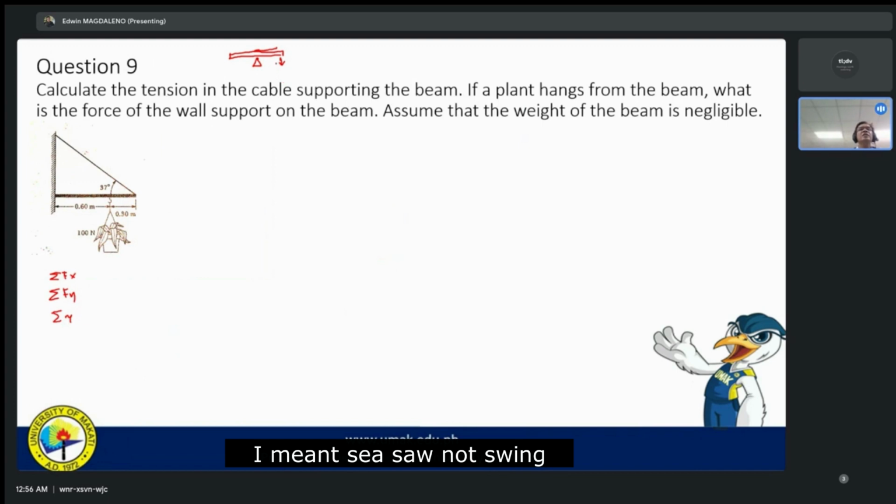Okay? Kahit pa meron kang equal force, meron kang equal amount of weight dito, pataas. Parehas silang weight, parehas na 40 kilogram. 40 Newton pataas, 40 Newton bababa. But the distance from the fulcrum has an effect. So, pwedeng magkaroon pa rin ng torque. Okay.